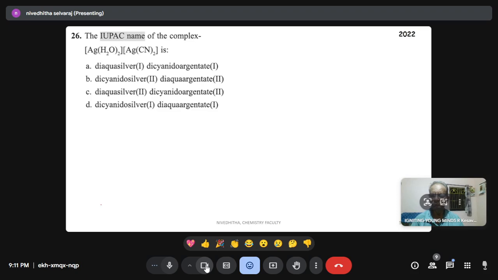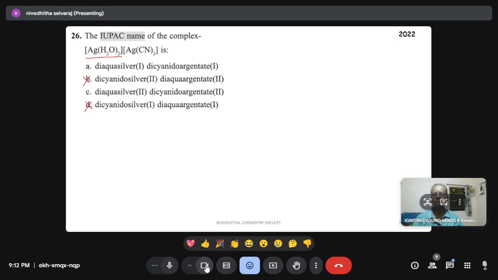Okay. See, in the cation, we have water as ligand and Ag as central metal atom, right? So while we are naming the complex, first we have to name the ligand. So it is diaqua. So definitely option B and option D were ruled out.